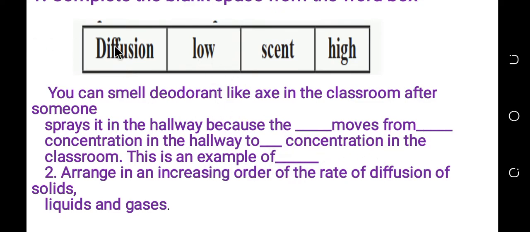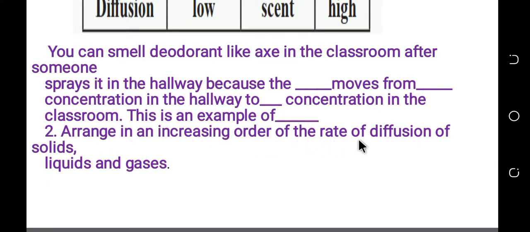This is an example of diffusion. You see, the scent moves from high concentration in the hallway to low concentration in the classroom. This is an example of diffusion.